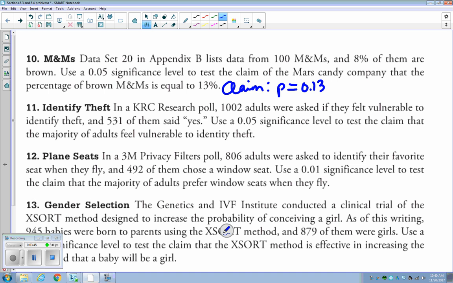Now that I have my claim, I'm ready to write my null hypothesis. What was my null hypothesis going to be in this case? P is equal to 0.13. Remember, my null hypothesis has to be equal. It can't be less than, can't be greater than. It can only be equal.